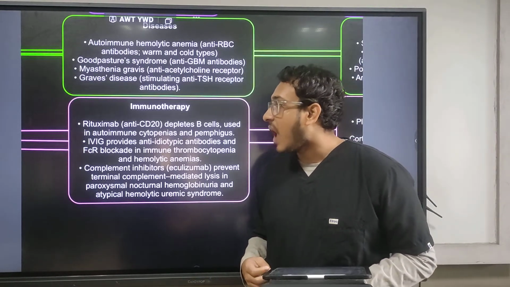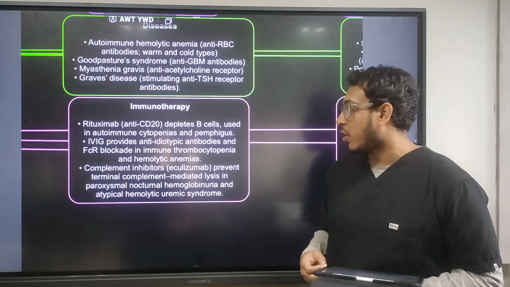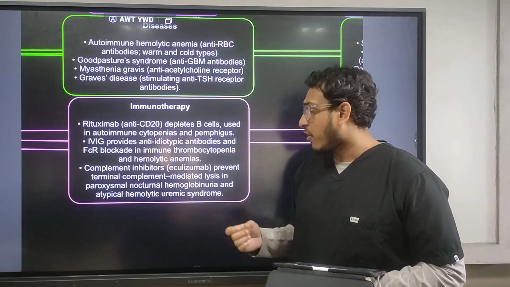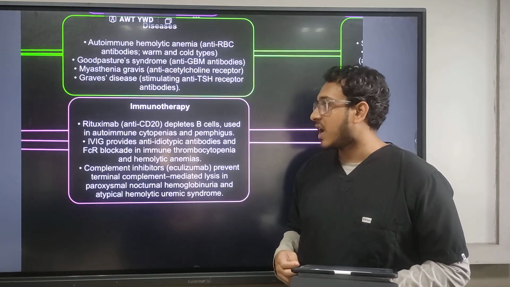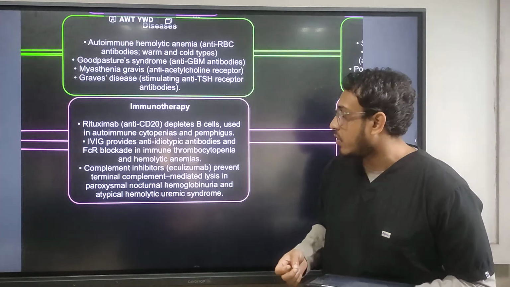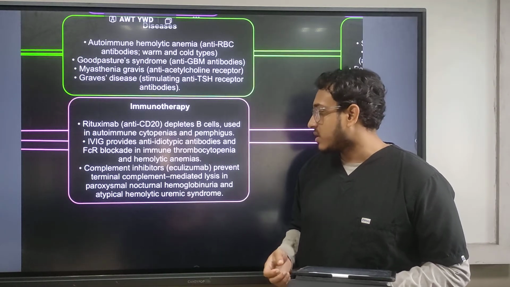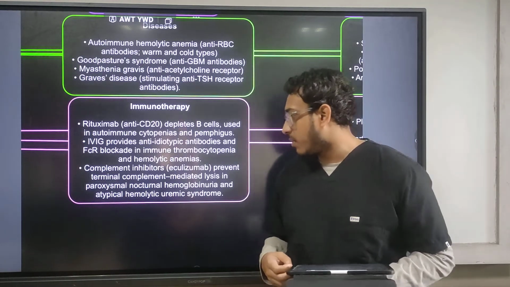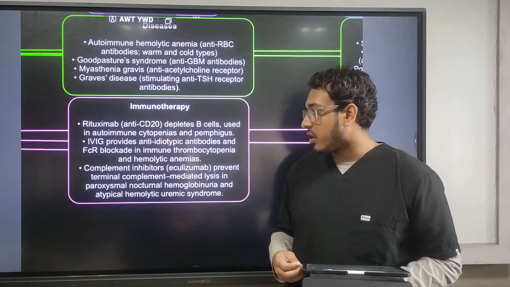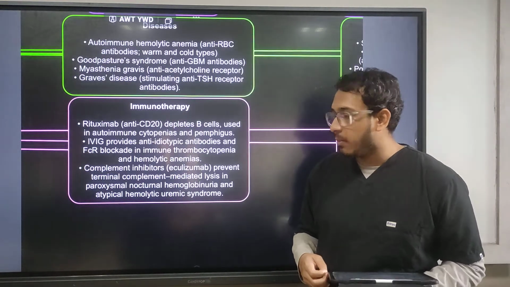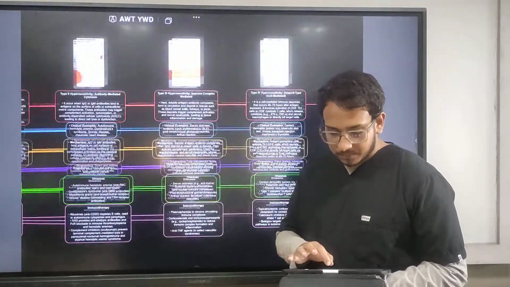IVIG provides anti-idiotypic antibodies and Fc receptor blockade in immune thrombocytopenia and hemolytic anemias. Complement inhibitors prevent terminal complement mediated lysis in paroxysmal nocturnal hemoglobinuria and atypical hemolytic uremic syndrome.